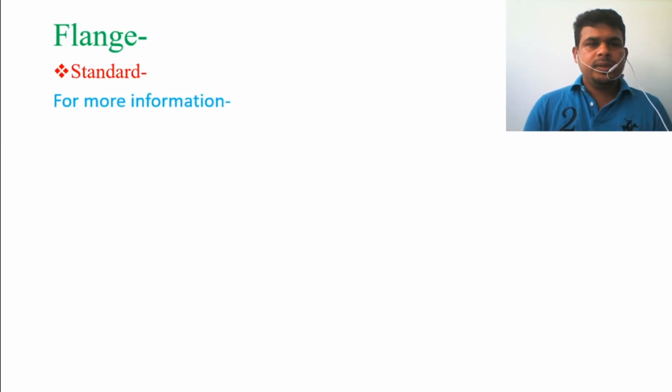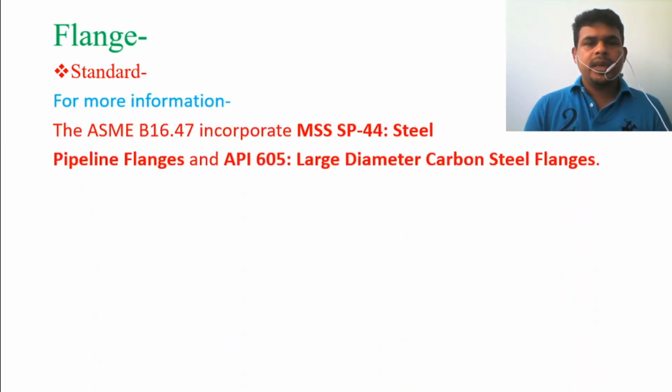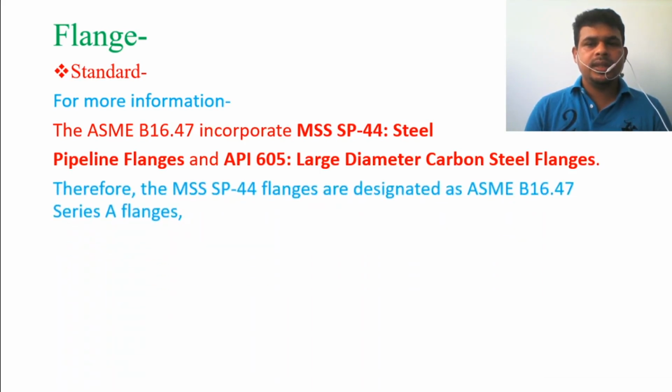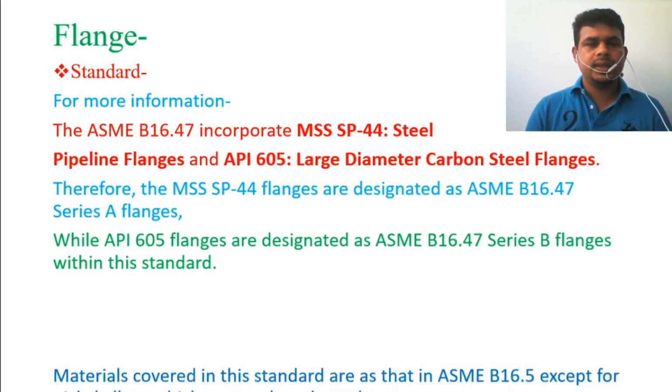For more information about the standard, ASME B16.47 incorporates MSS SP-44 for steel pipeline flanges and API 605 for large diameter carbon steel flanges. Therefore, MSS SP-44 flanges are designated as ASME B16.47 Series A flanges, while API 605 flanges are designated as ASME B16.47 Series B flanges within this standard.